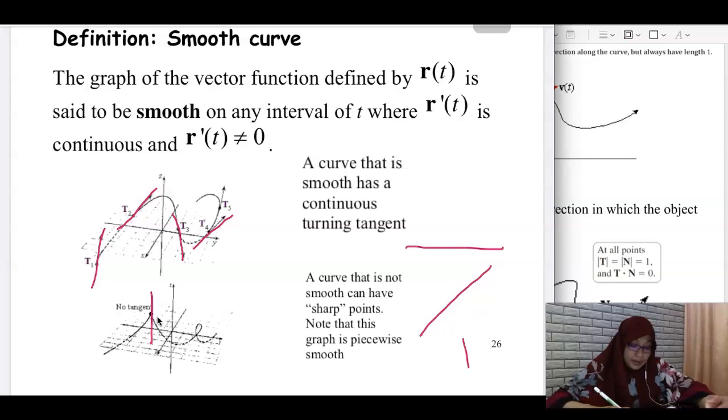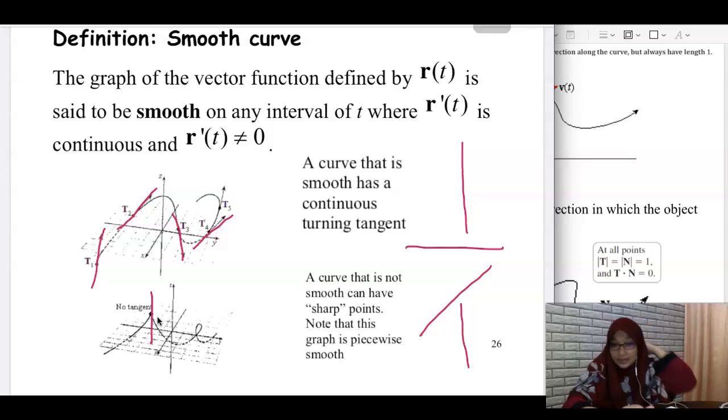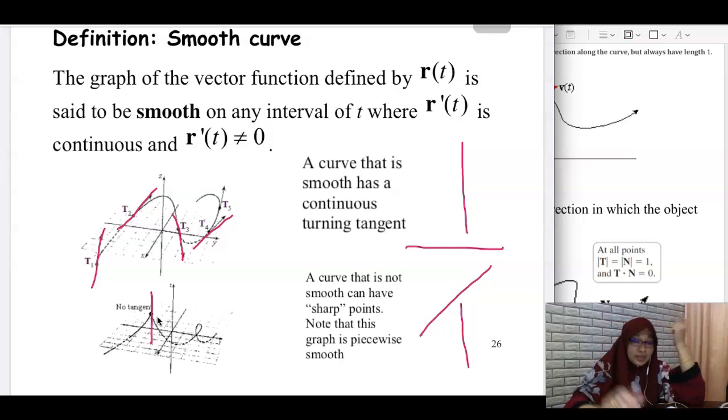But if you have a vertical line, the slope is infinity. It doesn't mean very large, but that it does not exist. So when the tangent or the slope does not exist, we consider that particular vector function not smooth. Okay, so that is the definition of a smooth curve.